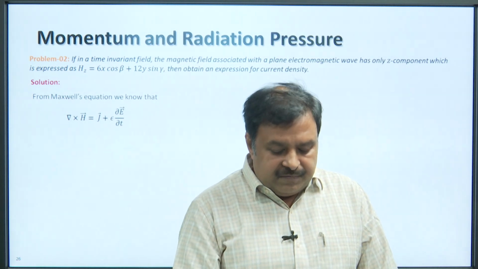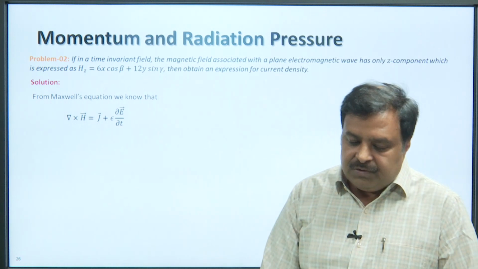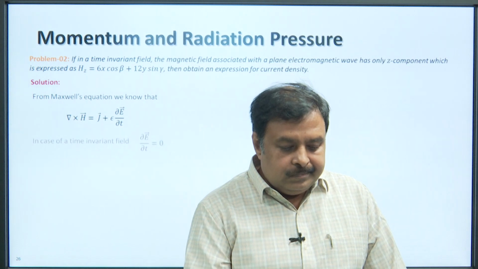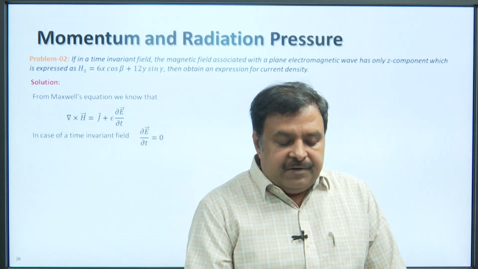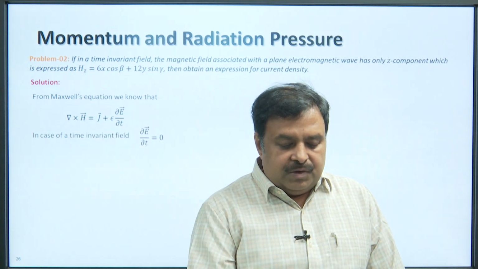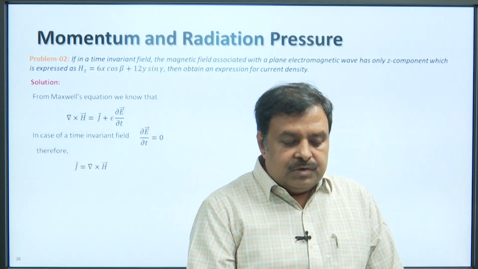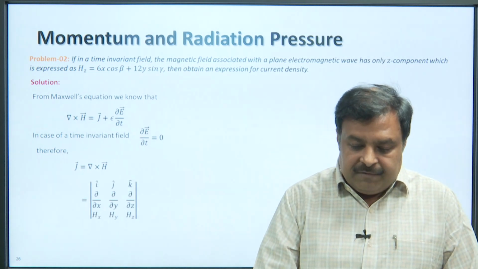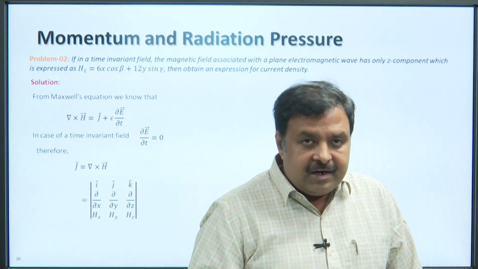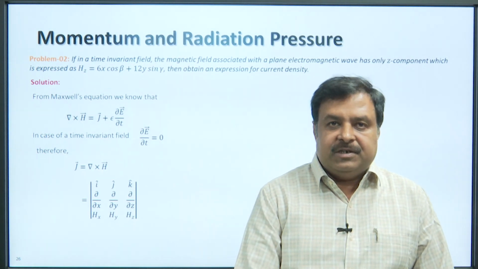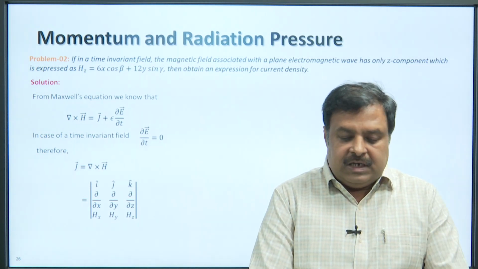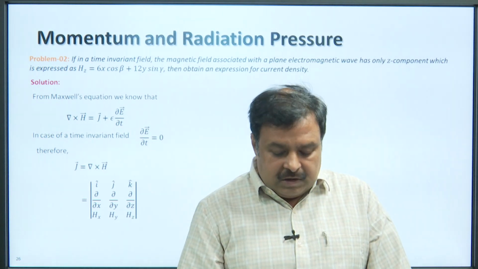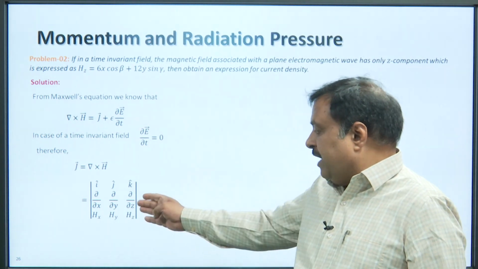From Maxwell's equation, we have del cross H equal to j plus epsilon delta E by delta t. In the case of a time invariant field, delta E by delta t equal to 0. So you have j equal to del cross H. You have to determine the expression for current density, so you can obtain del cross H by expanding this determinant.